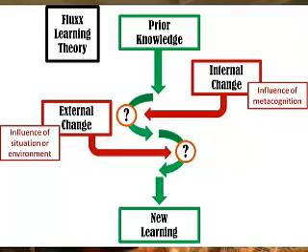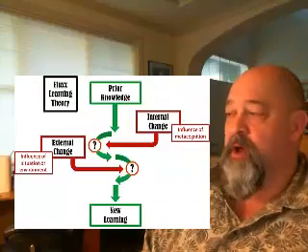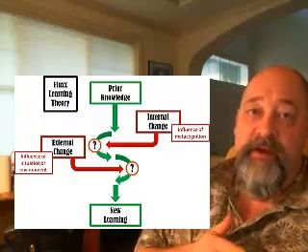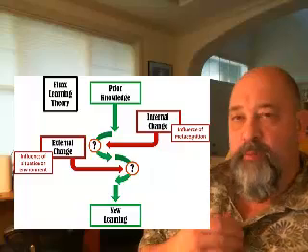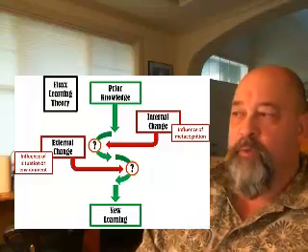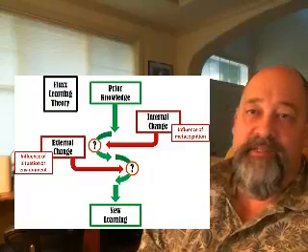In this case, I'm using internal change as that influence of metacognition, that we may have learned something in a different area, but because we start thinking about it and making connections on our own, we start to question what we previously learned.